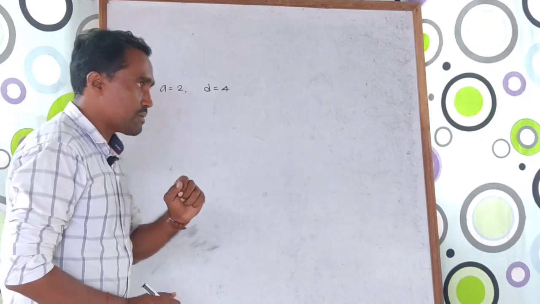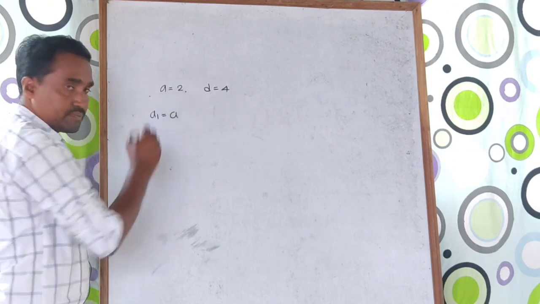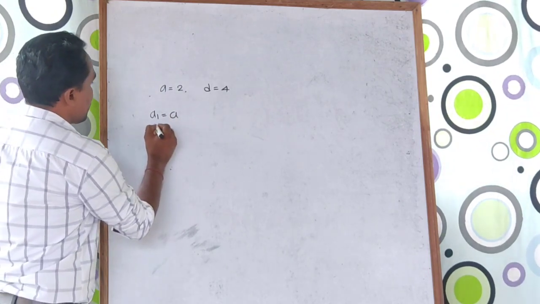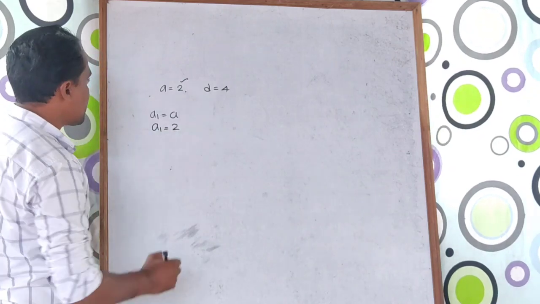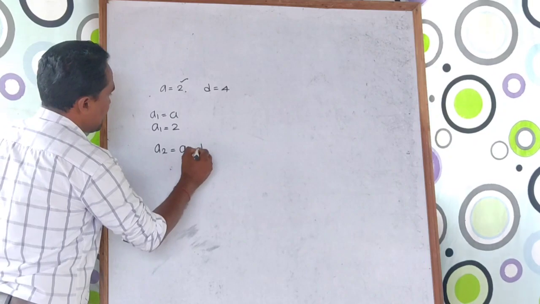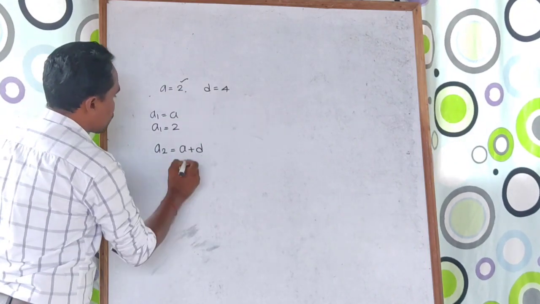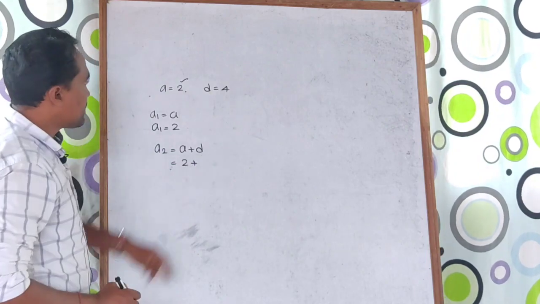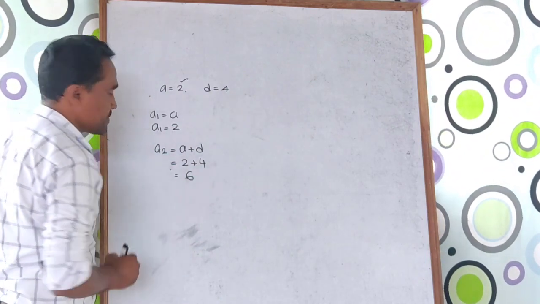For the first 4 terms of an AP, you should know the standard form of AP. As you know, A1 equals A. Therefore, A1 equals 2. Take the second one, A2 equals A plus D. Substituting A equals 2 and D equals 4, the second term is 6.